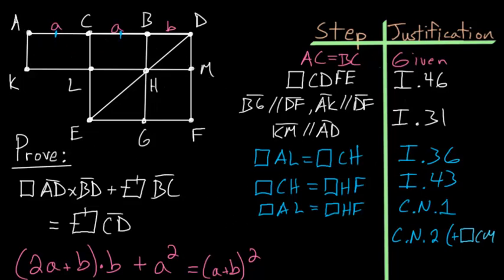At this point, on the right-hand side of our equation, we have this parallelogram HF, and we're adding the parallelogram CM to it. So we can just write it as the parallelograms HF and CM added together.